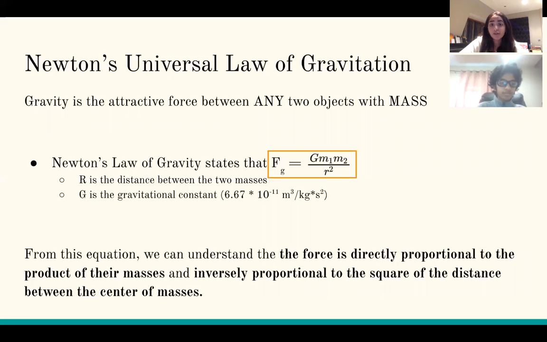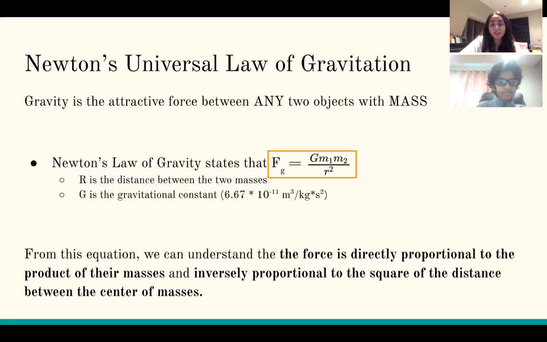The gravitational constant is 6.67 times 10 to the negative 11th meters cubed divided by kilograms times seconds squared. It's a very complicated constant, basically just to balance out all of the units and variables in the equation.